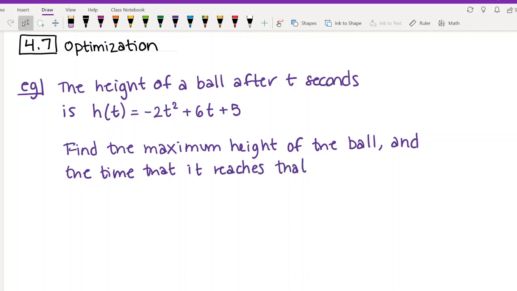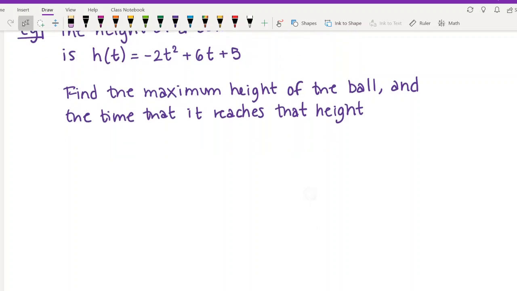So if we think about it, what kind of shape are we dealing with? If we think about how this ball is traveling as time goes on, the graph we have is a parabola, right? I'm not going to even attempt to draw this parabola accurately. I'm just going to draw a quick sketch just to give us an idea of the kind of shape we're dealing with. So we know it's an upside down parabola. Basically, that's really all we need to know in order to answer this question.